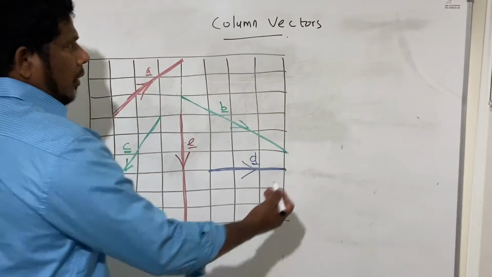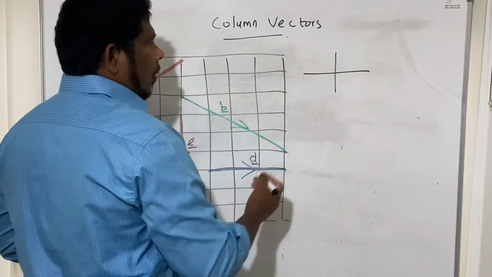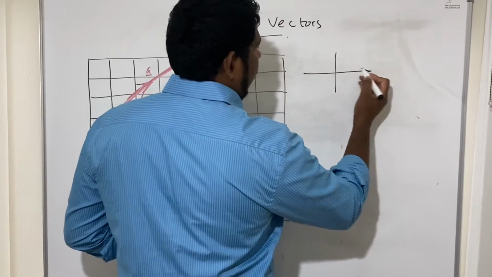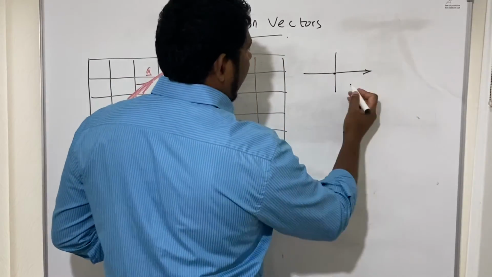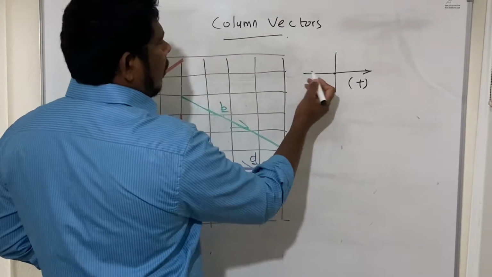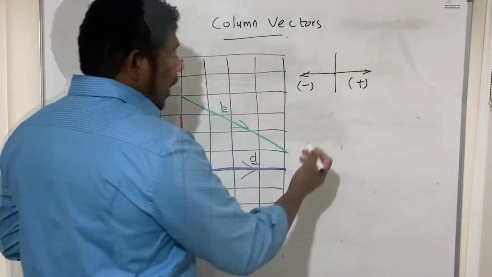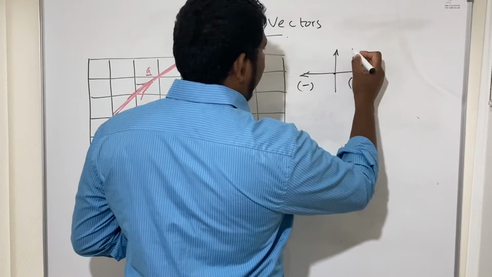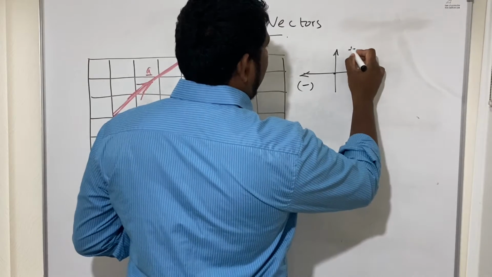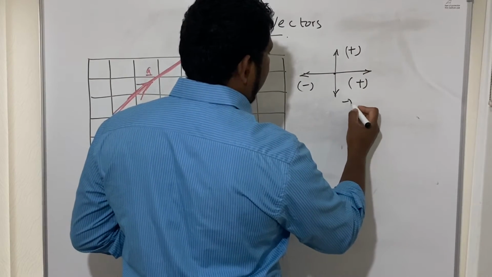Before that, we know in a coordinate grid, from the origin to the right side, all the x values are going to be positive, and from the origin to the left side, x values are going to be negative, and from the origin up, y values are going to be positive, and down it's going to be negative.